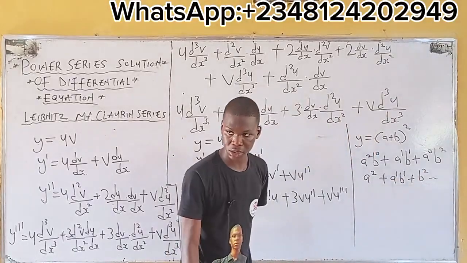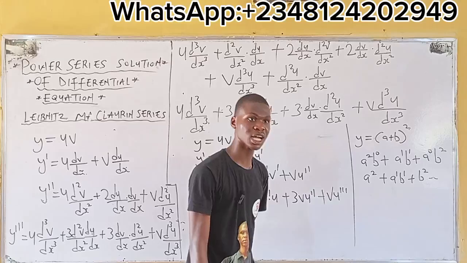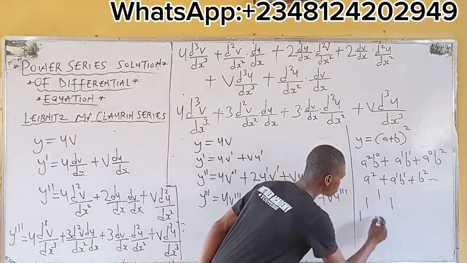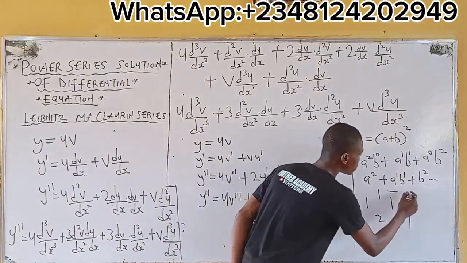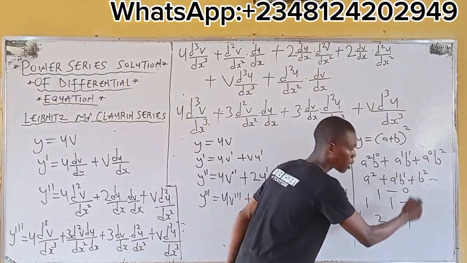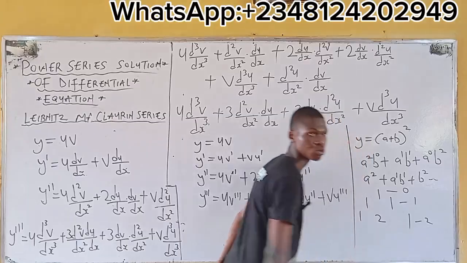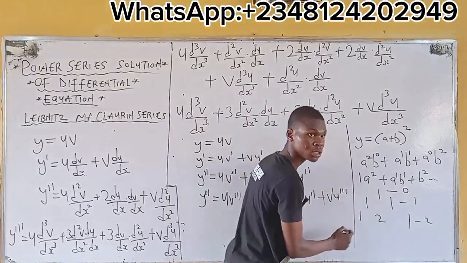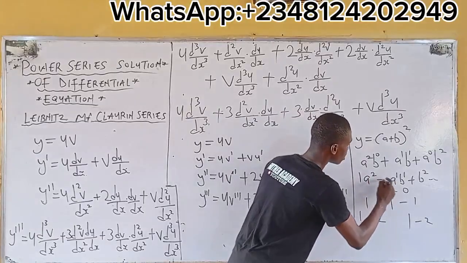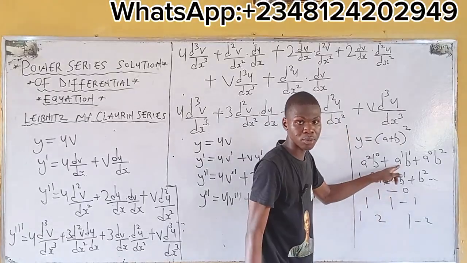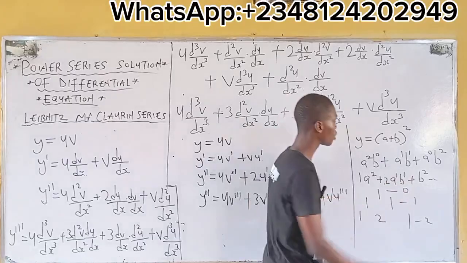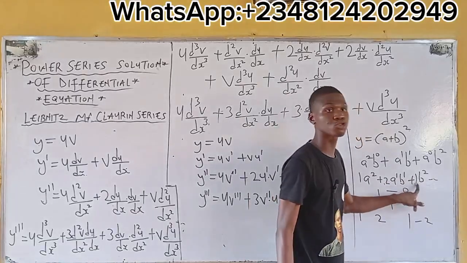How do I get the coefficient? Using Pascal triangle. By Pascal triangle, 1 1 1, 1 2 1. This is when your power is 0, this is when your power is 1, this is when your power is 2. Given this question, my power is 2. The coefficient becomes 1 a square plus 2a raised power of 1 multiplying b raised power of 1 plus 1b square.